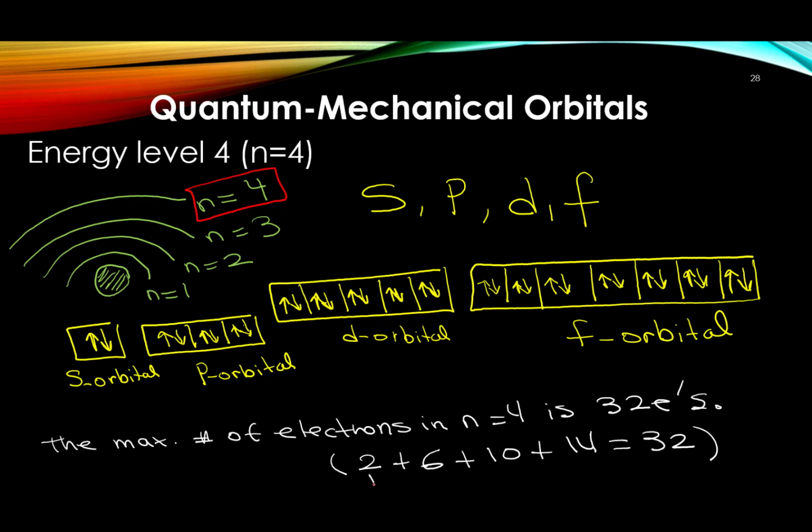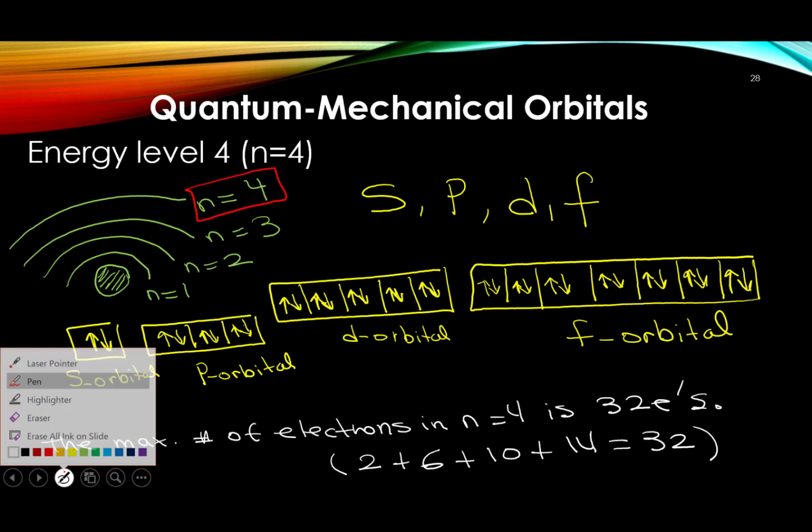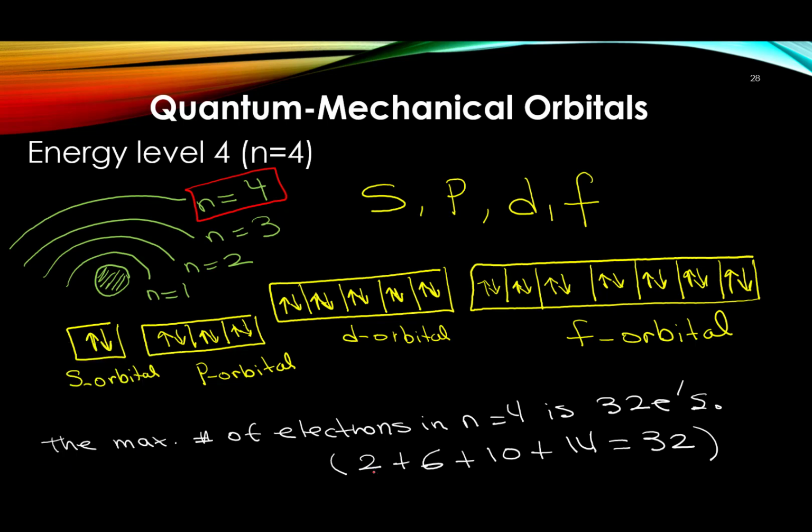Okay, that one is from S. Let me change the color so that I can put them in. That's S, that's our P, that's a D, and that F. Okay? And that's the maximum number of electrons we could have in energy level 4.